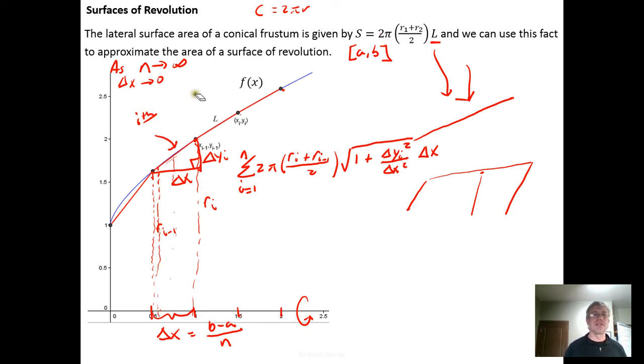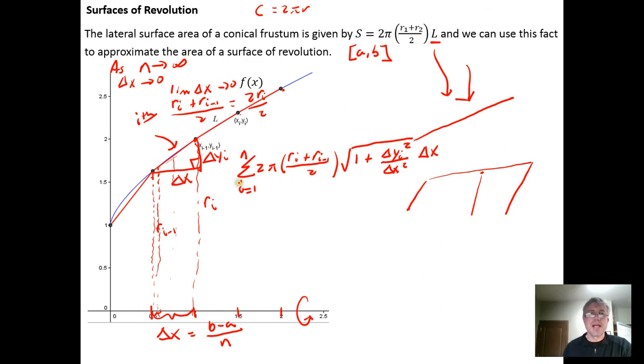And in fact, the limit as delta x goes to 0 of r sub i plus r sub i minus 1 over 2 is actually going to be equal to just 2r sub i over 2, because r sub i will equal r sub i minus 1. The two radii will become the same length as the delta x's get smaller and smaller.